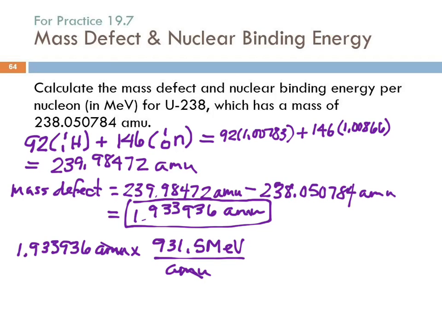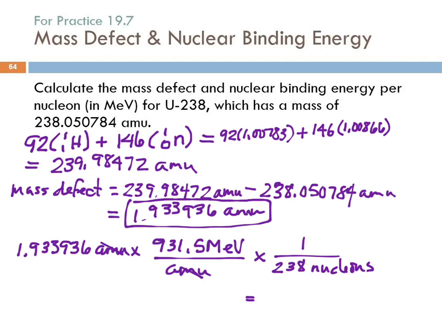So that gives us the binding energy for one atom, right? But we want per nucleon. So we need to divide by the number of nucleons. How many nucleons in uranium-238? 238. Isn't that convenient?